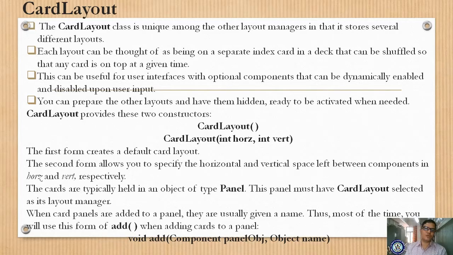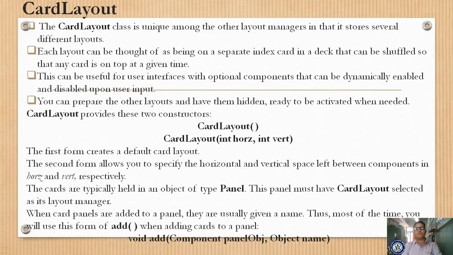This can be useful for a user interface with optional components that can be dynamically enabled and disabled upon user input. Why do we use card layout? For dynamic arrangements. Dynamic arrangements means sometimes if you feel your interface is boring, then automatically it has to change, right? Where do we actually use these kinds of layouts? In your smartphones, whenever you swipe your interface, it will give some actions, right?